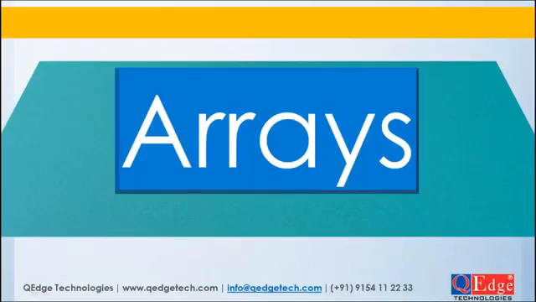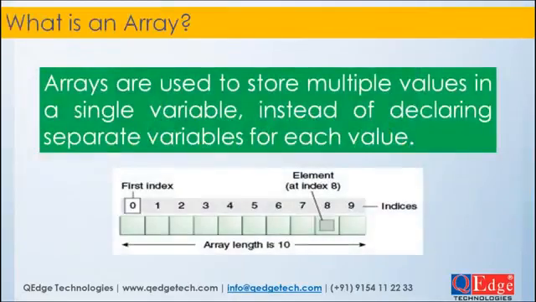Arrays. Arrays are used to store multiple values in a single variable. Like, I want to store all the student names in a single variable. Yes, I can go with arrays.